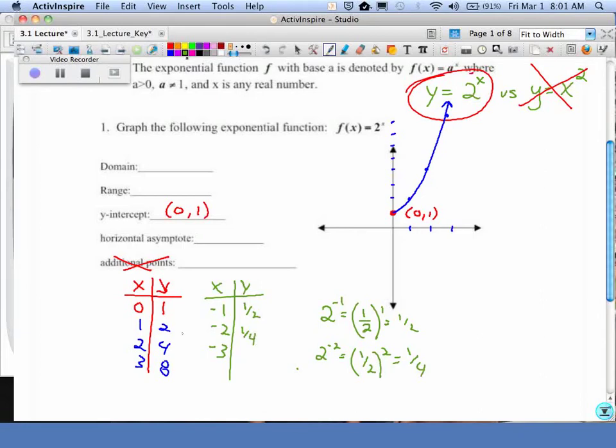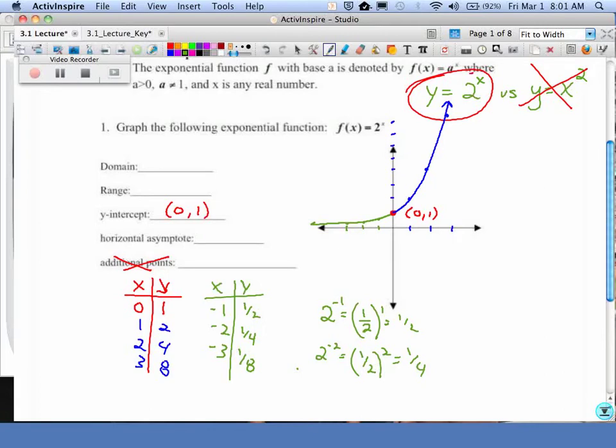Negative 3, hit math, enter, enter, 1/8. You can still see your base of 2 shows up on the bottom of this fraction. On this side, as you go 1, 2, 3, we're at a half, a fourth, an eighth. And what is this part of the graph doing?